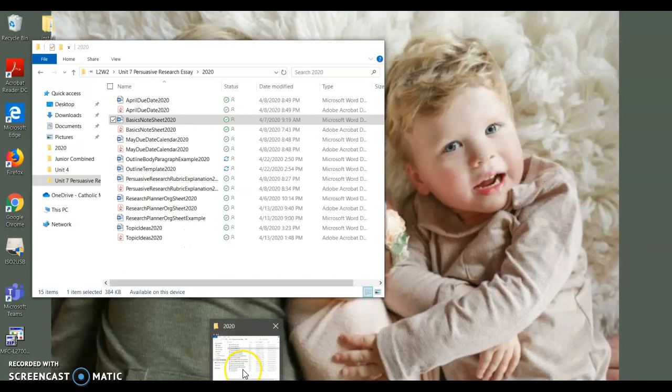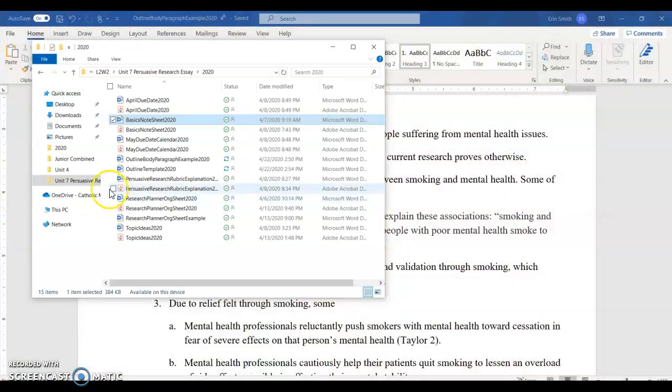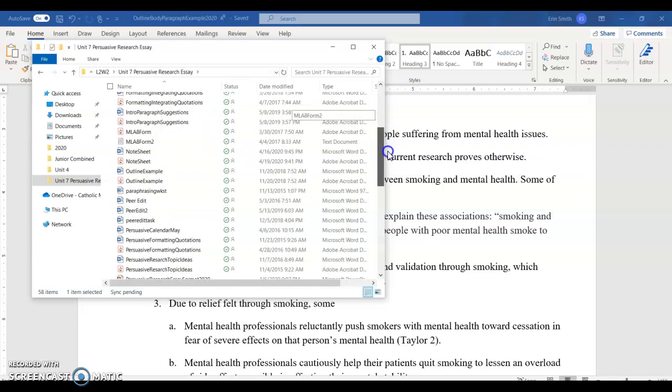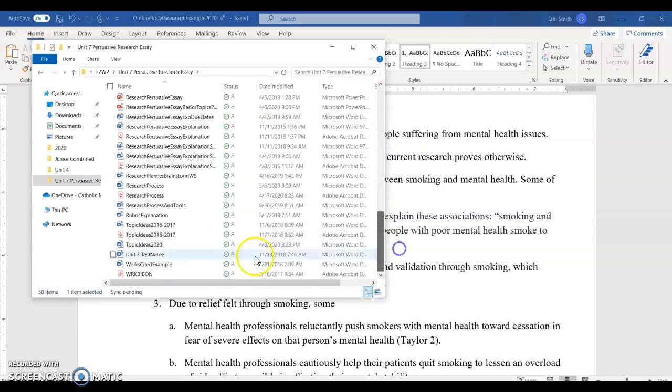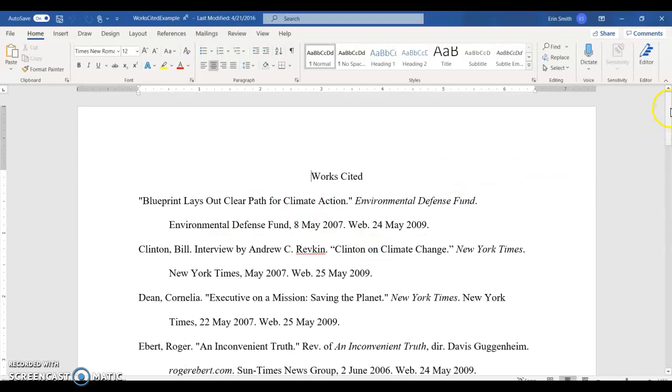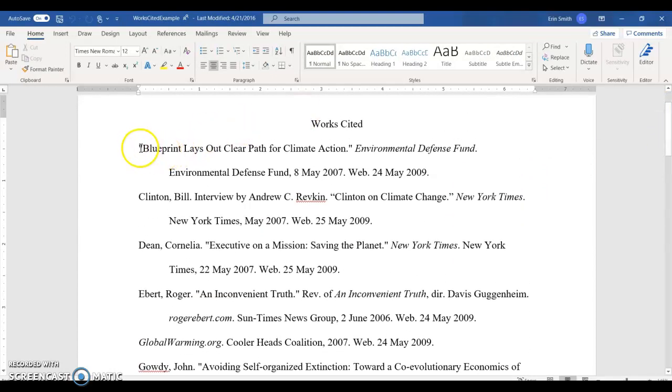I'm going to show you my example works cited so I can show you how I knew what goes in the parentheses. So you always put what's first before the first period. So if I were making a citation for this, it would be this in my parentheses. If I were making it for this one, it would be Clinton.